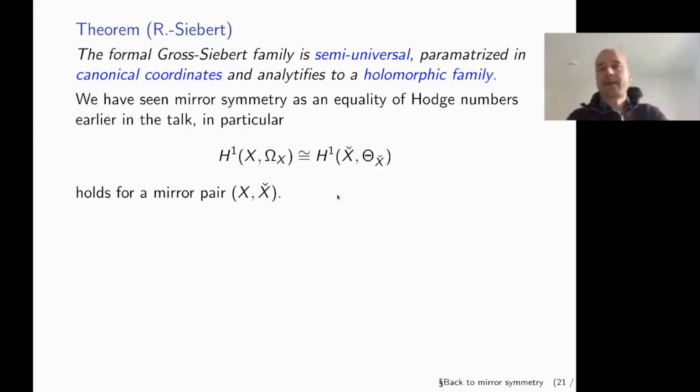If you have a mirror pair of Calabi-Yaus X and X check, then this Hodge number duality means that H^1 of Omega_X, where Omega_X is the holomorphic differentials on X, is isomorphic to the first cohomology of the dual, but where you take the sheaf of derivations. So Theta here means the sheaf of derivations. This isomorphism follows from these Hodge number equalities you would observe in general.